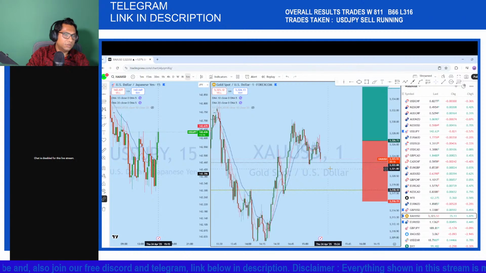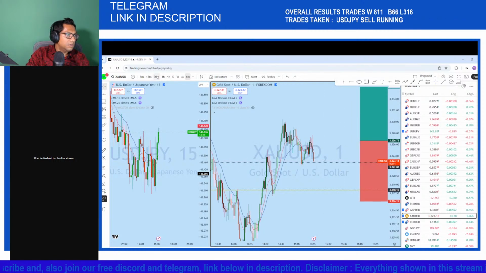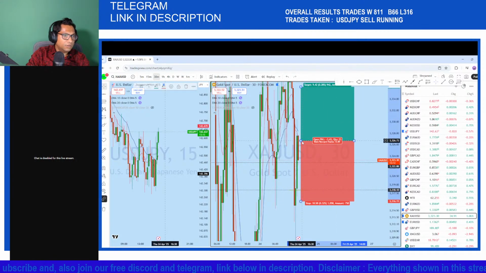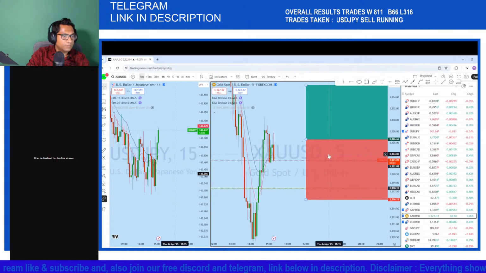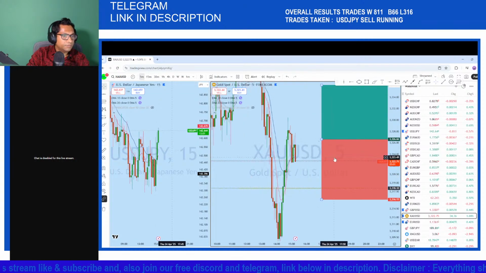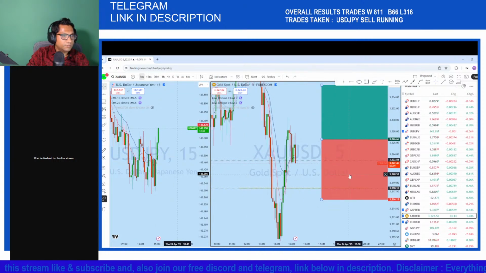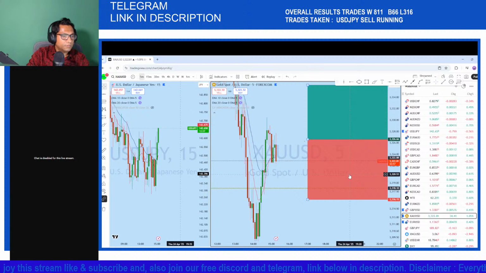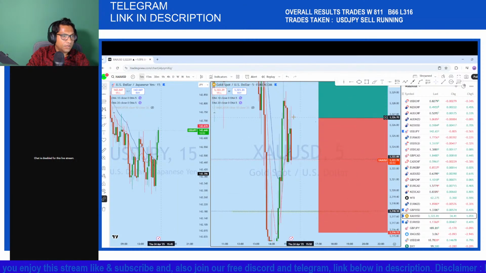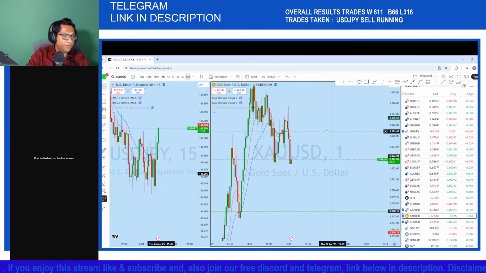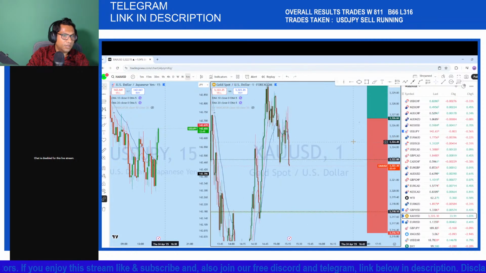So when the market is choppy, we have to wait to see for the market to expand.